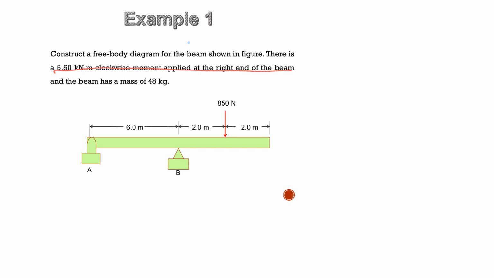First things first, when you have the question, you need to draw a free body diagram, which means that you need to show only forces. So you draw a free body diagram.